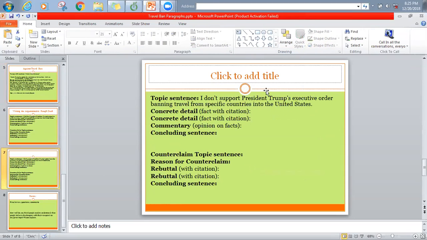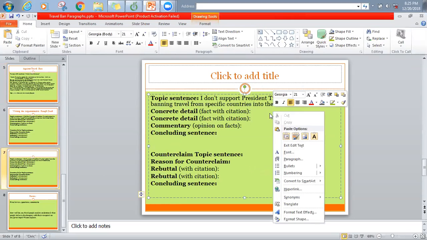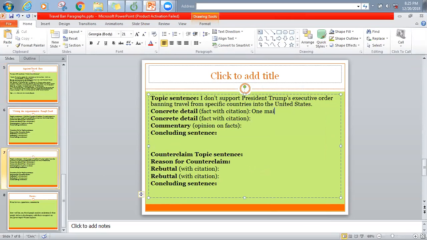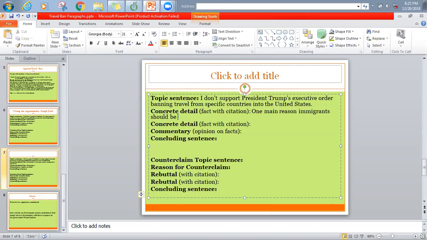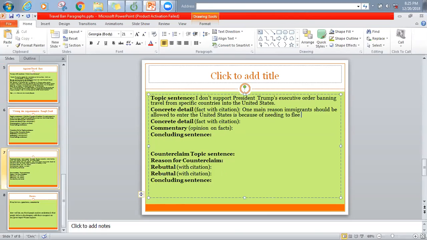Okay, so, one main reason immigrants should be allowed to enter the United States is because of needing to flee a war in their home country.